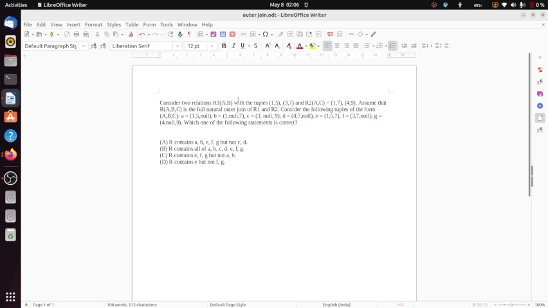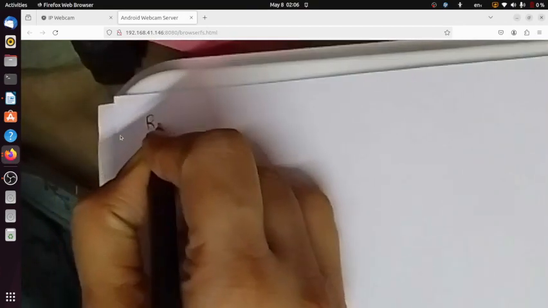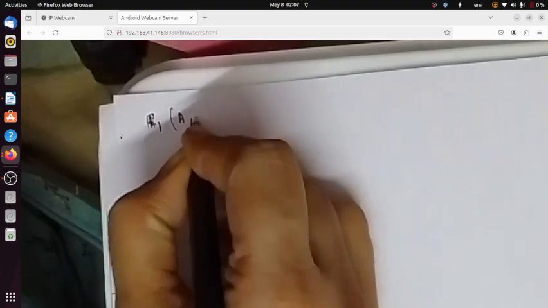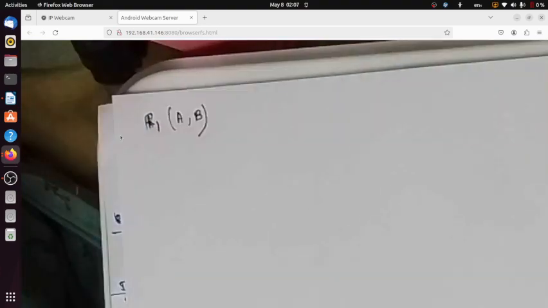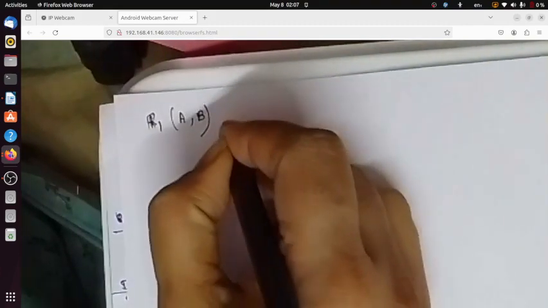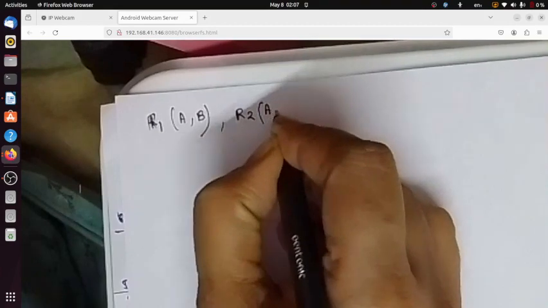In R1 the attributes are A and B, and the other relation is R2 with attributes A and C. Attributes means columns.